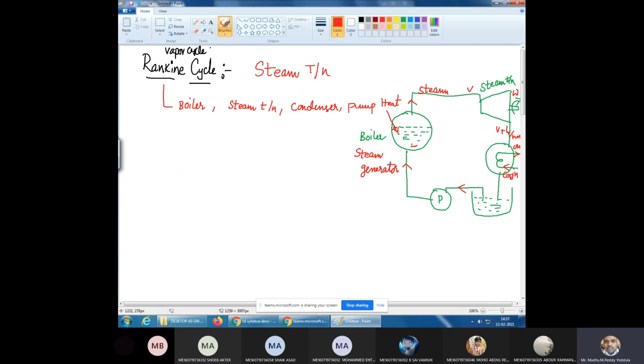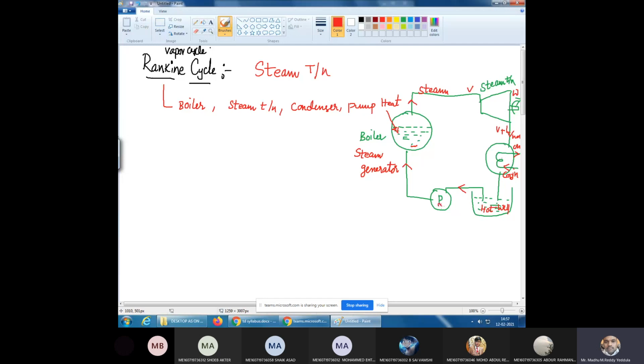Therefore, heat transfer will take place through conduction and convection, and this water will become hot by absorbing the heat from the vapor plus liquid leaving the turbine. Or I can say this steam is losing its latent heat in the condenser, and only hot water will be collected in this hot well, right?